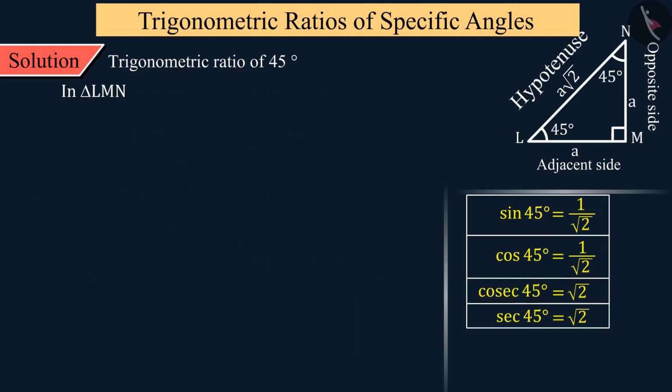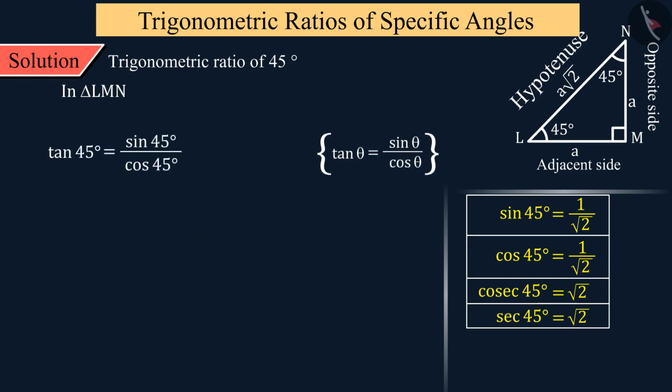Similarly, if we talk about tan 45 degrees, then we know that tan theta is equal to sin theta upon cos theta. And the values of sin 45 degrees and cos 45 degrees are the same, whose ratio will give a value of tan 45 degrees as 1.